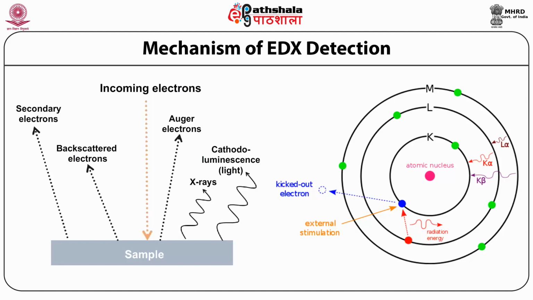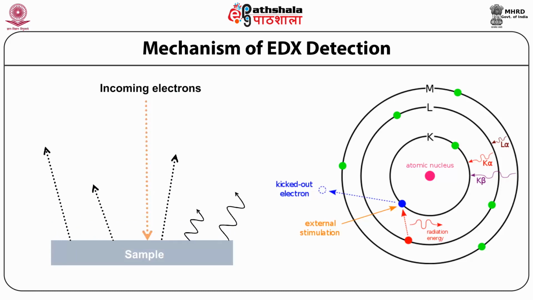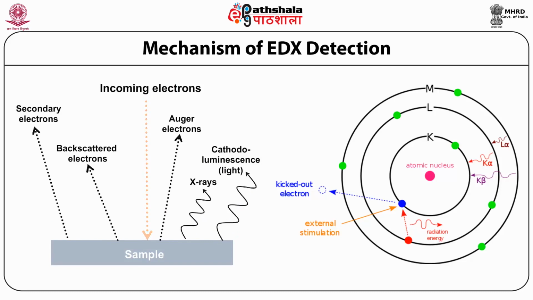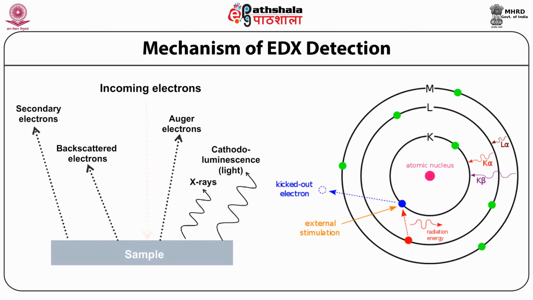When a beam of incoming electrons hits a specimen, it gives rise to various signals, for example secondary electrons (SE), backscattered electrons (BSE), Auger electrons. It gives cathodoluminescence in the form of light, and it also emits X-rays. So in electron microscopy, we take a particular kind of signal, trace it, detect it, and model the surface morphology.